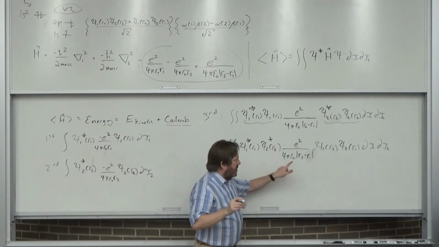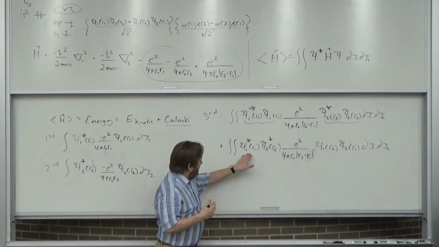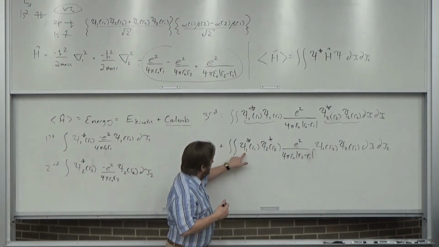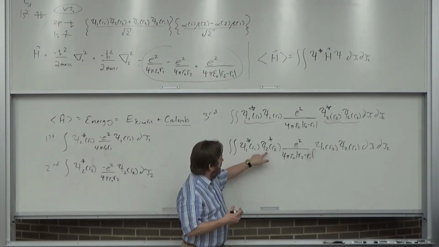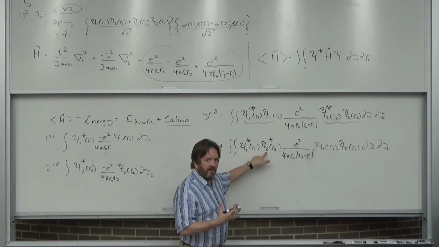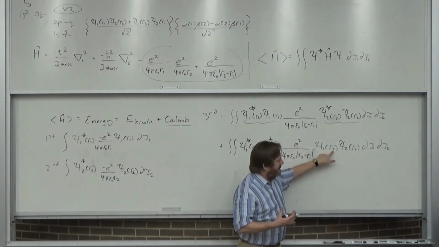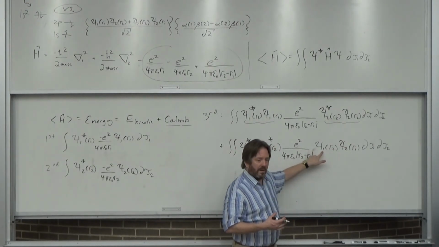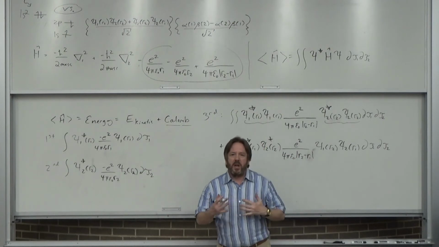Now there's a cross term when you do all the algebra. And look at this. R1 is in its first orbital, R2, the second electron, is in its orbital. But on the other side, the second electron is now in the first orbital, and the first electron's in the second orbital. They've like exchanged positions.